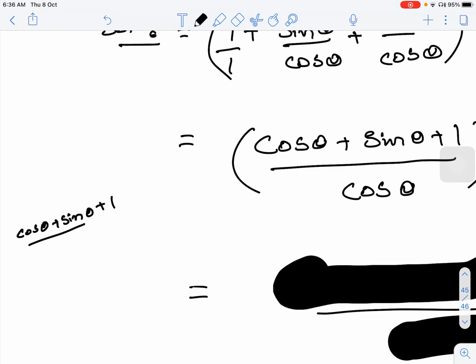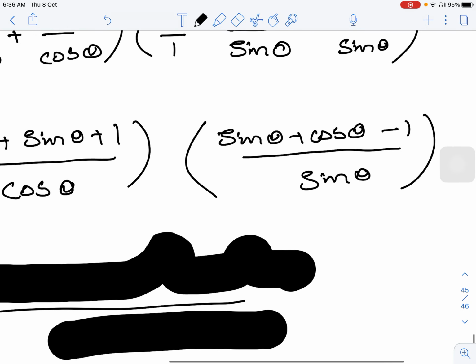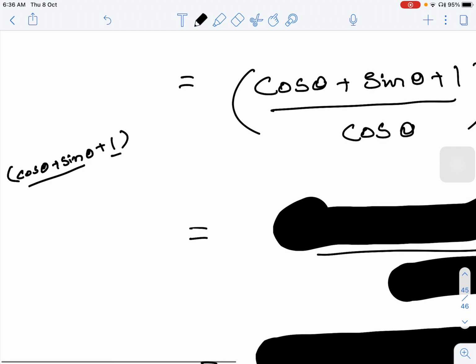Let us consider this one as first term, this one as second term. And in another bracket we have cos theta plus sin theta minus 1. We can change the places.